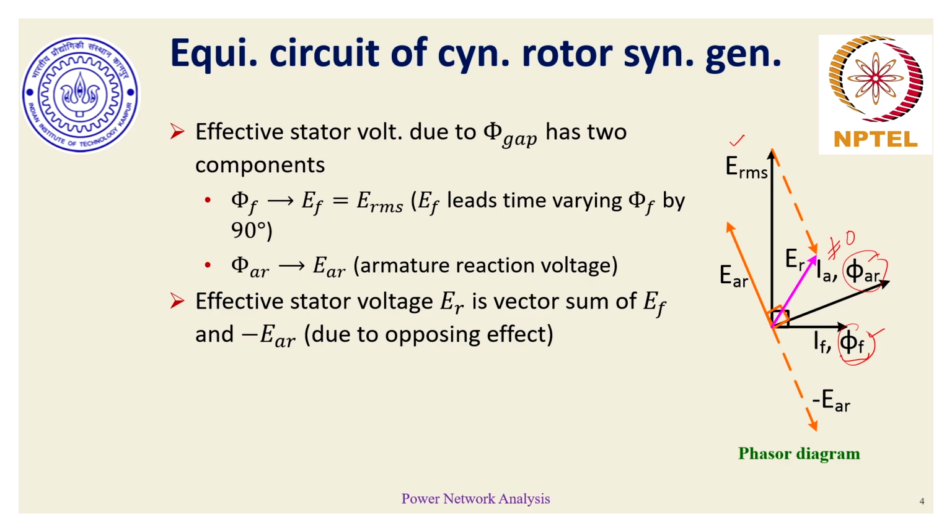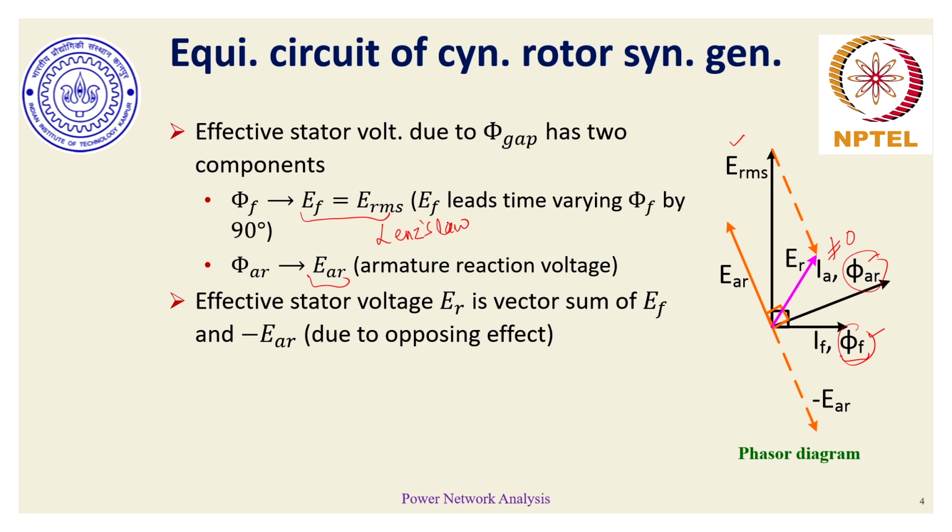The important part to understand here is that the induced EMF and the armature reaction voltage are not aligned to each other. It is thanks to the inherent behavior given by Lenz, which is called the Lenz law.